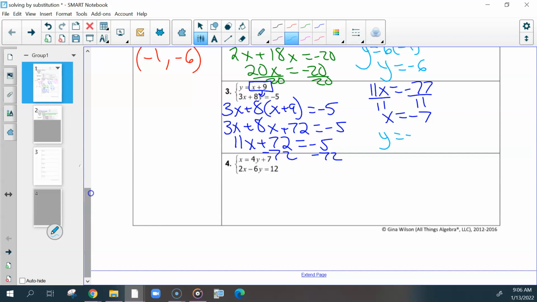So y equals -7 plus 9, or 2. So my answer would be -7, 2. Have any questions on number 3 before we move on to 4?